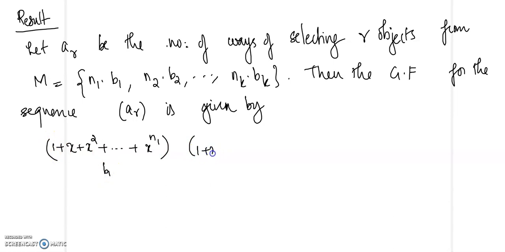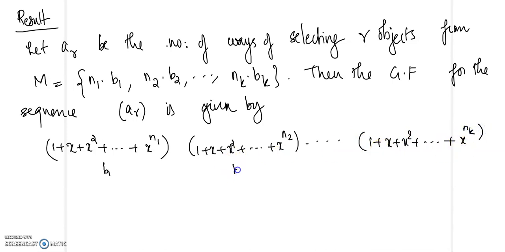Then for b2, 1 + x + x² + ... + x^n2, and so on, up to 1 + x + x² + ... + x^nk for bk. The coefficient of x^r will be equal to the value of a_r. So this is how we find the number of ways of selecting r objects using the generating function.